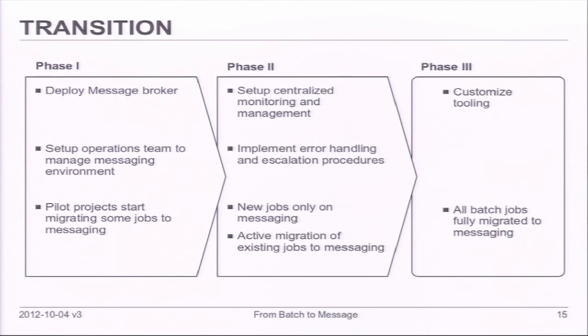And so part of that, usually between phase 1 and phase 2, is to actually select one of those brokers for inter-system connectivity and for inter-system communication. And that one will be the one that is then supported centrally by the operations team, and that will be monitored and managed.